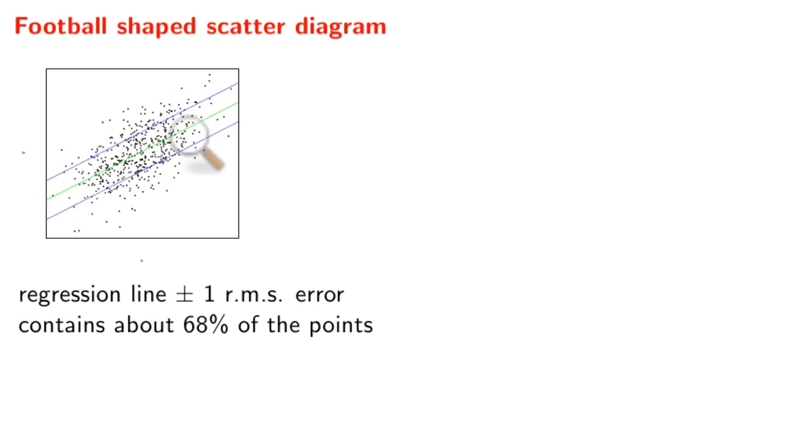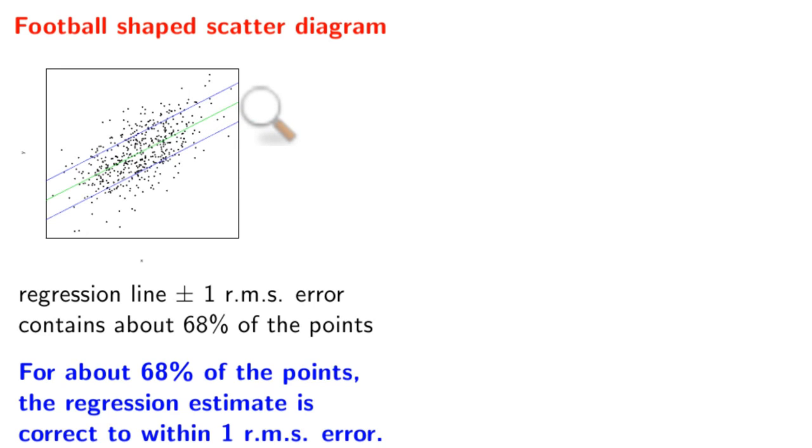If I look within this blue band, the maximum error that I am making is 1 RMS error because the estimates are in the center here. And the biggest distance within the blue band is from the regression estimate to the edge of the band, and that distance is 1 RMS error. So what we have learned is, we can say in another way, for about 68% of the points, the regression estimate is correct to within 1 RMS error.